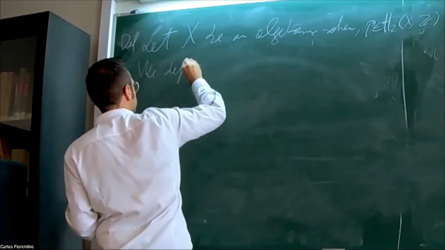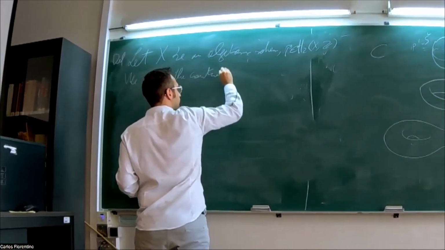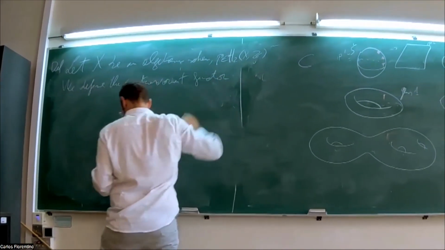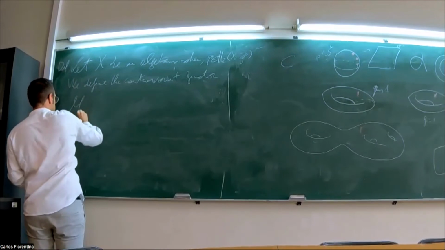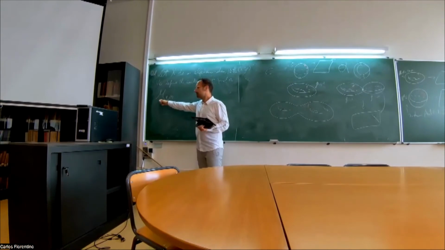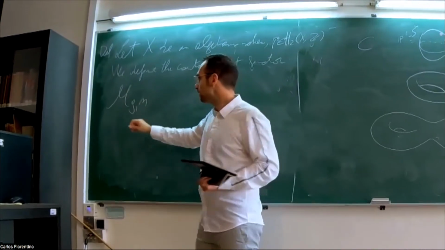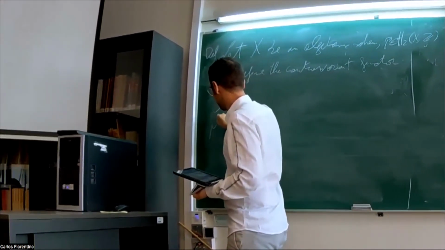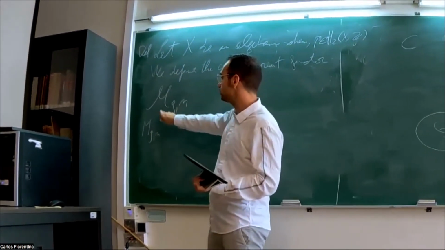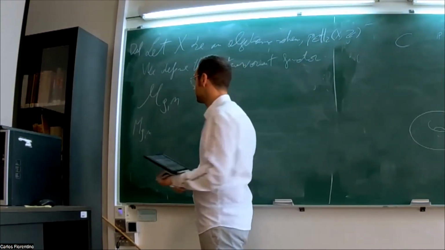We define the contravariant functor. This character is calligraphic, which cannot be confused with the Roman one. These are two different objects, and I use the calligraphic one for functors and the normal one for schemes.